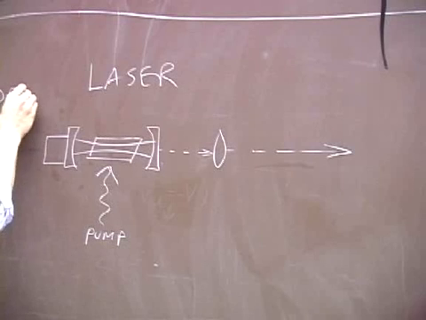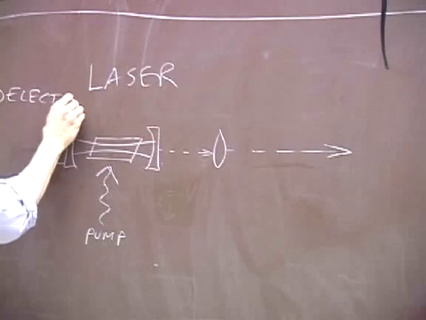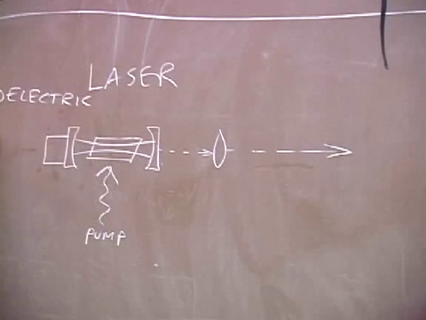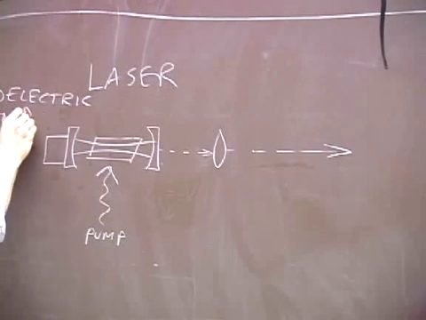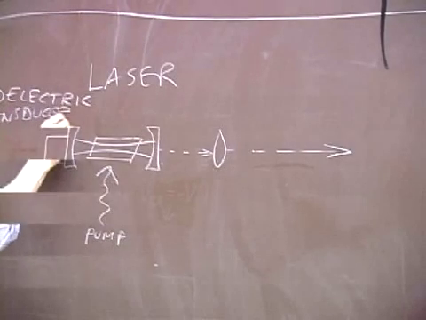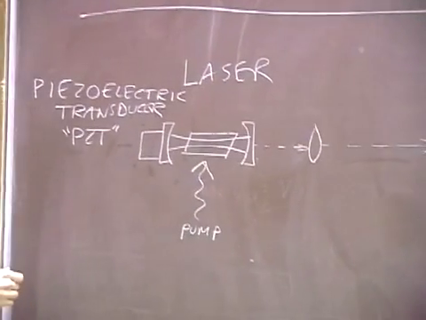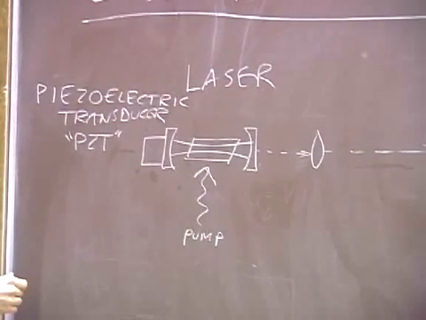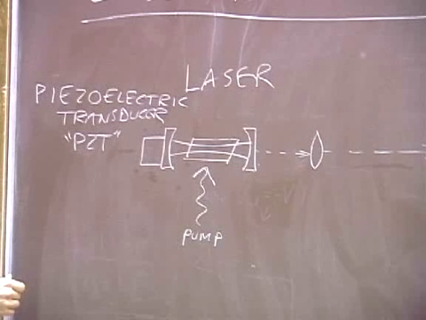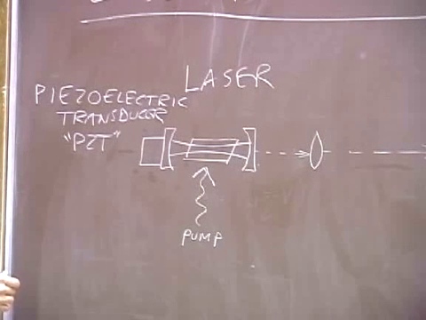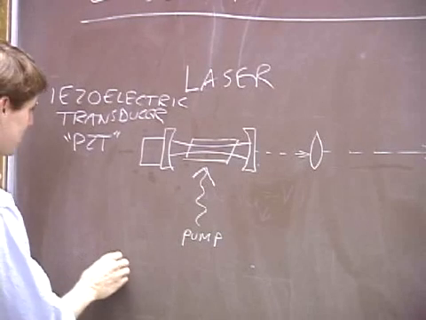Piezoelectric transducer, or PZT. PZT stands for lead zinc zirconium titanate. Okay. No, it stands for piezoelectric transducer. Whatever it may have stood for in German, it now stands for piezoelectric transducer.